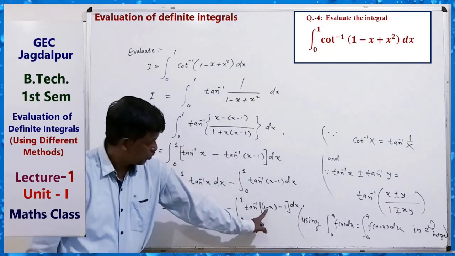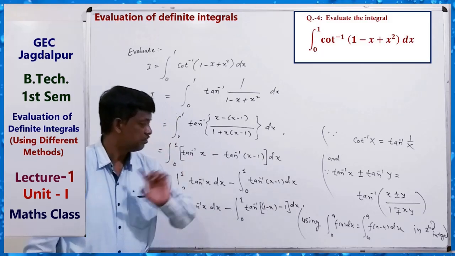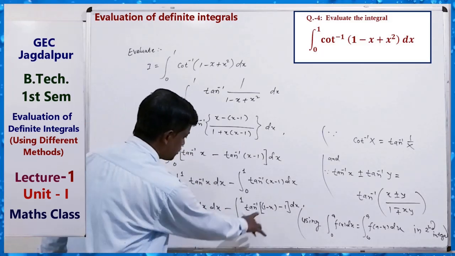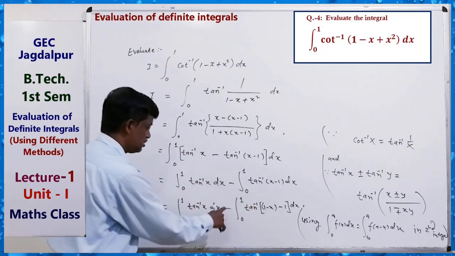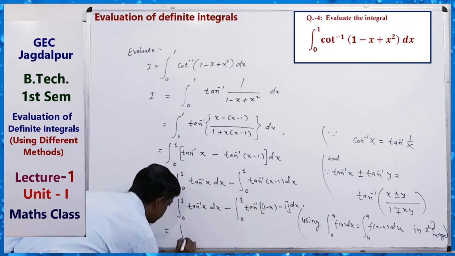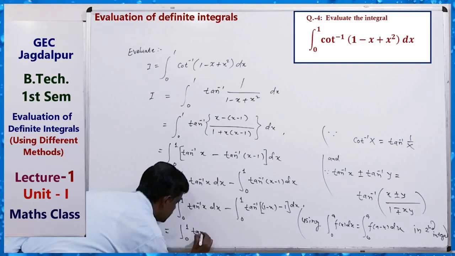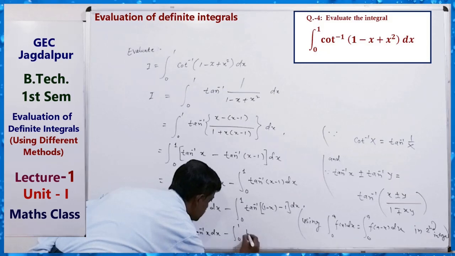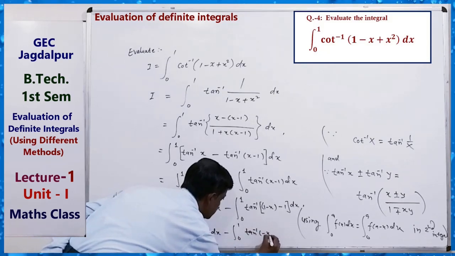Here 1 cancels, minus tan inverse of minus x, and tan inverse of minus x equals minus tan inverse x, so that is plus. So integral 0 to 1 tan inverse x dx minus integral 0 to 1 tan inverse of minus x dx.